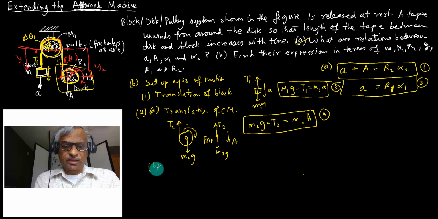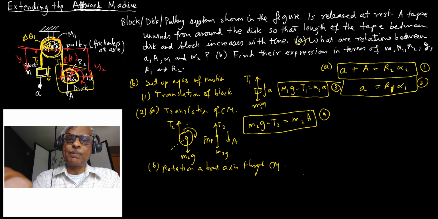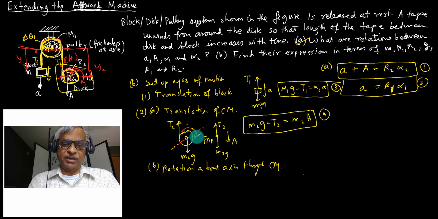And then we have a rotation about the axis through Cm. So here's the axis about which it is rotating this way.